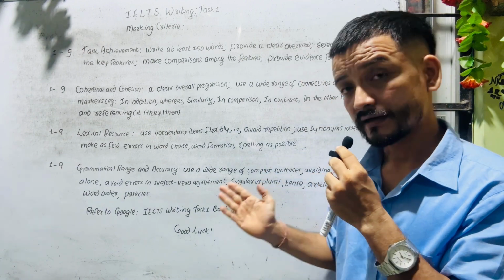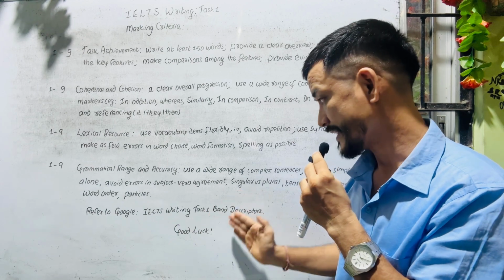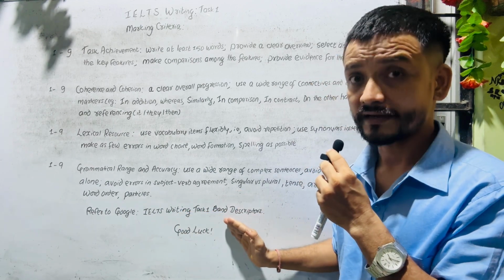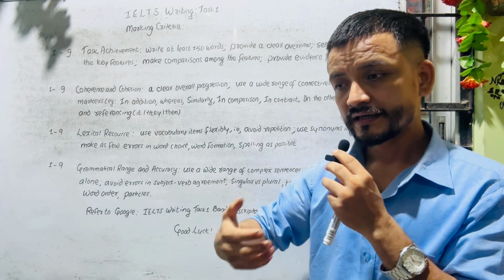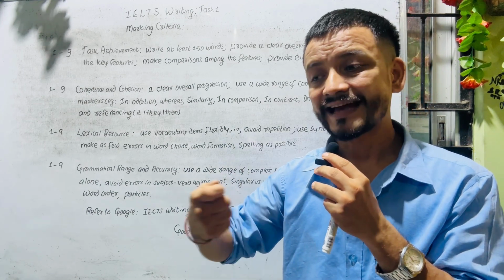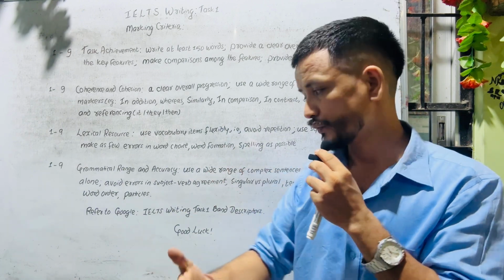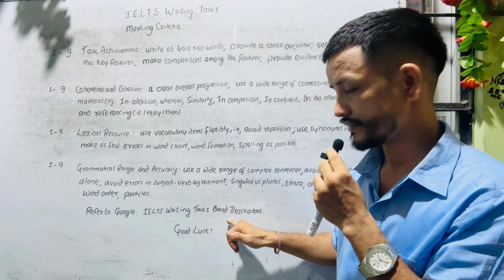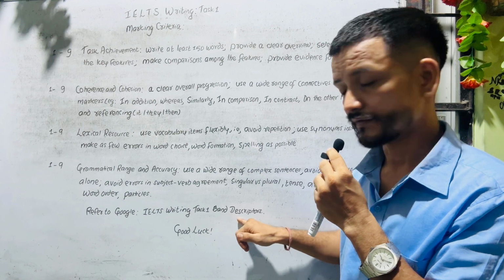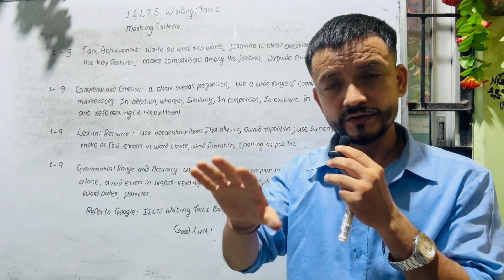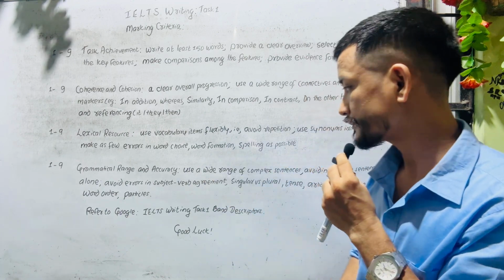In fact, the IELTS Writing examiner has the band descriptors, and he or she tallies your writing with certain features from the band descriptors, and will award you a score accordingly.